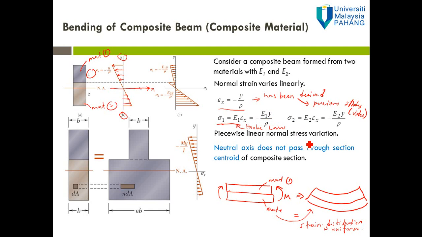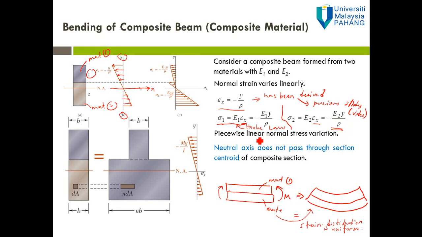The same applies to the stress in material 2, which is sigma 2 equal to E2 epsilon x. The value of the strain will be the same for both materials because they are firmly bonded together. So sigma 2 can be written as minus E2 y over rho.